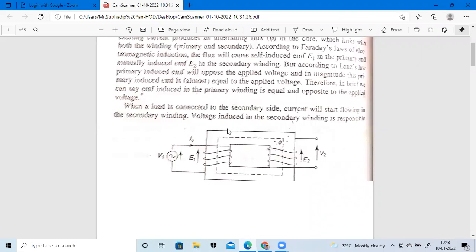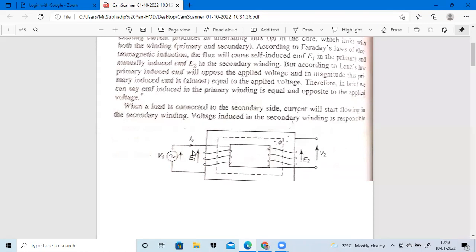The EMF induced in the primary coil is represented by E1. And V1 represents the supply voltage of the primary winding. The capital letter represents the RMS value of the voltage, and this one is your current. This is represented as I0, that is the exciting current of the transformer.